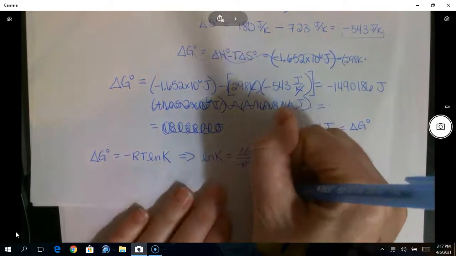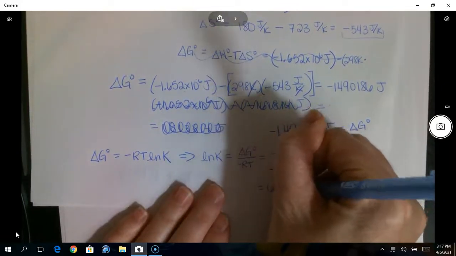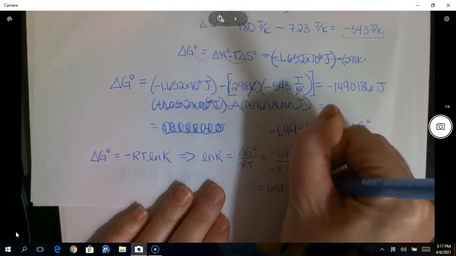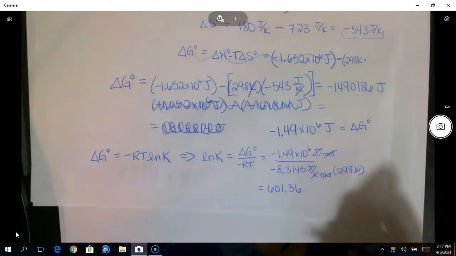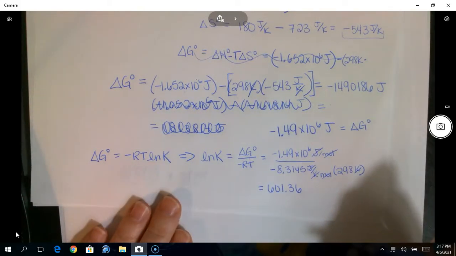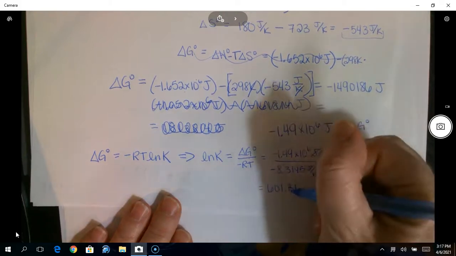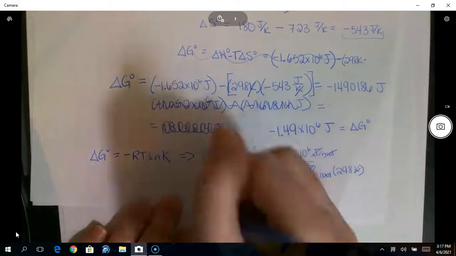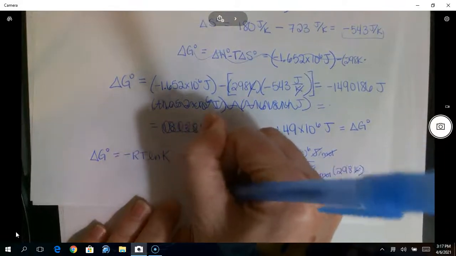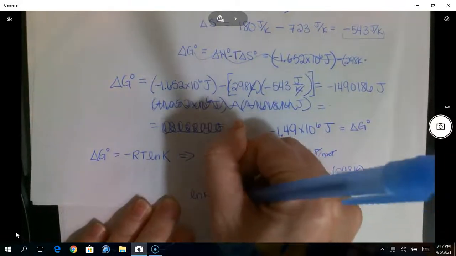This is going to get us 601.36. We're going to do 3 sig figs, that's all we have, so the ln of K is 601.